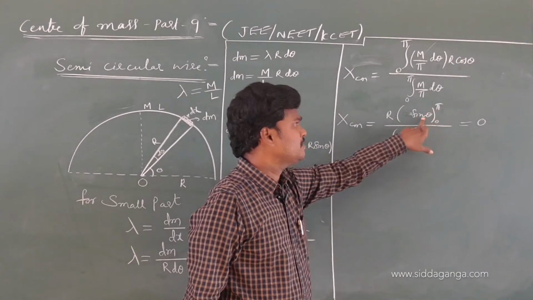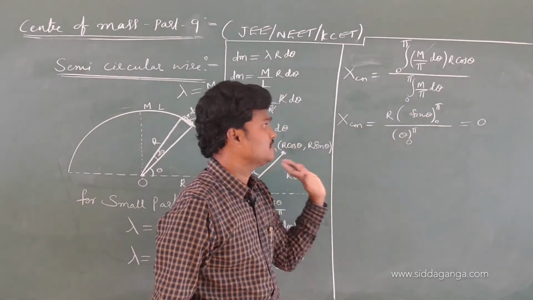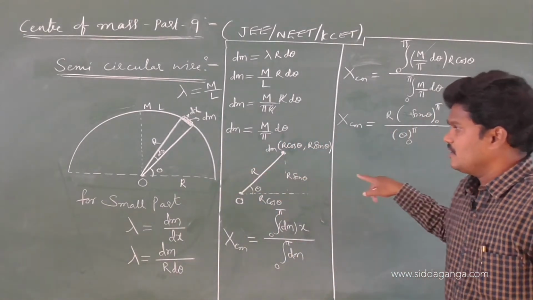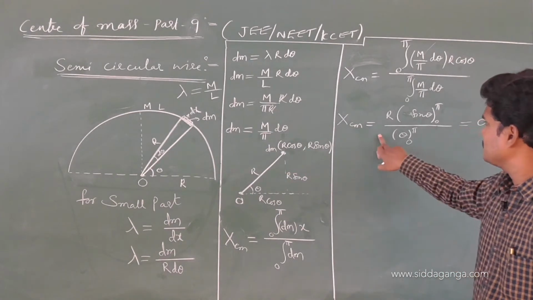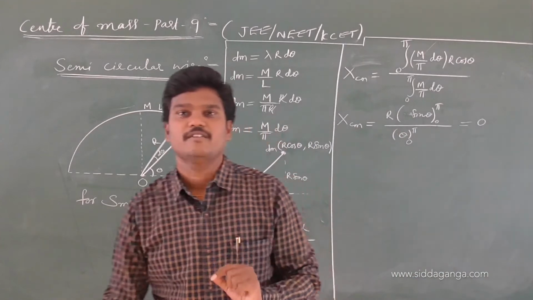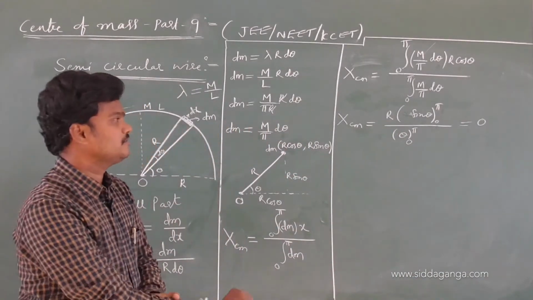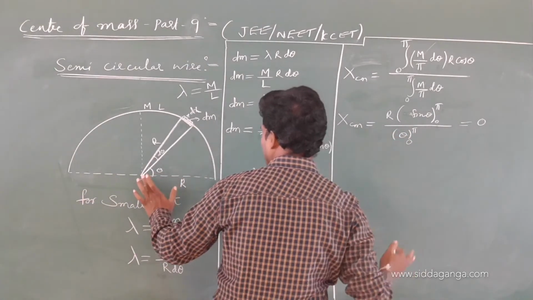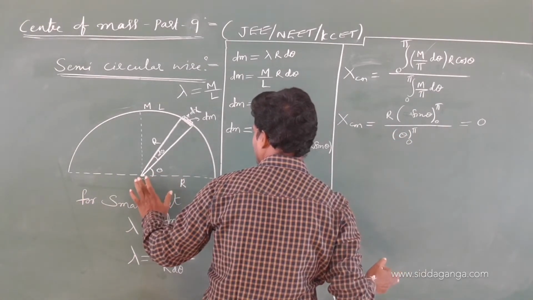Sin 180 is 0, minus sin 0 is 0. So what is the x center of mass? See, the x coordinate is 0. There is no xcm. Now the y coordinate of center of mass we need to find. X is anyhow 0. Directly we can expect, because of symmetry there is no shift in the center of mass along the x axis.